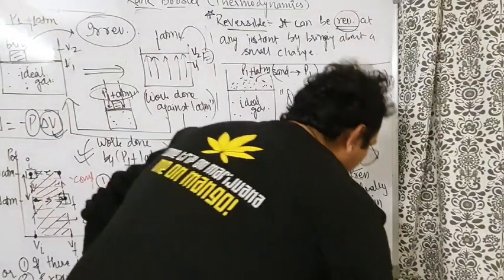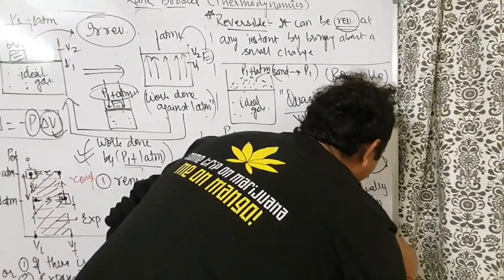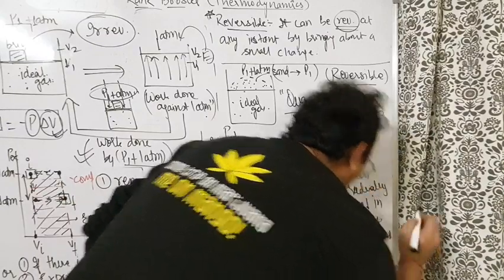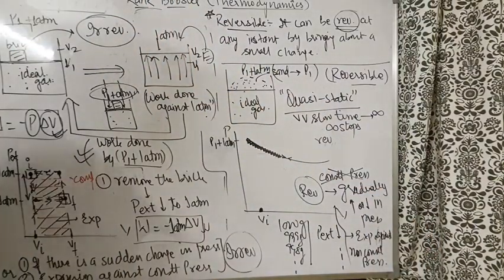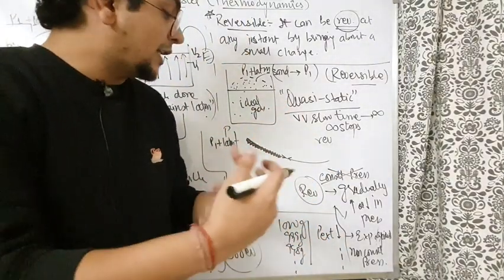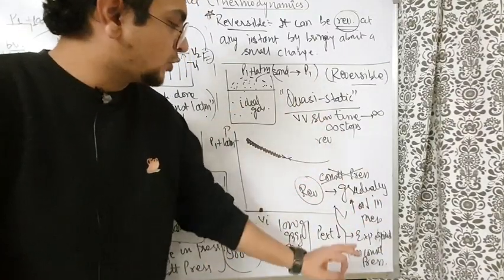But if you get expansion against a non-constant pressure, or ever-changing pressure, or consistently decreasing pressure, or gradually decreasing pressure, in that case, apply the reversible formula and you'll be through with this.